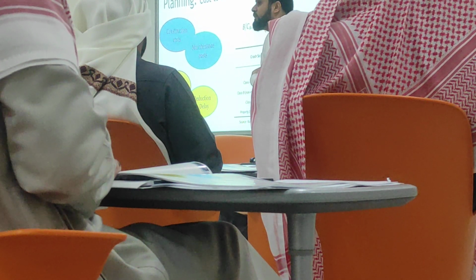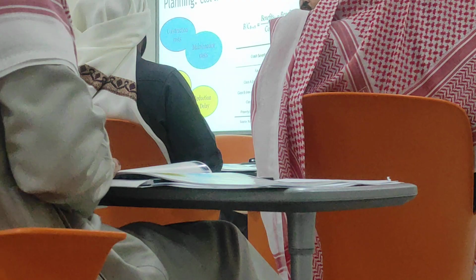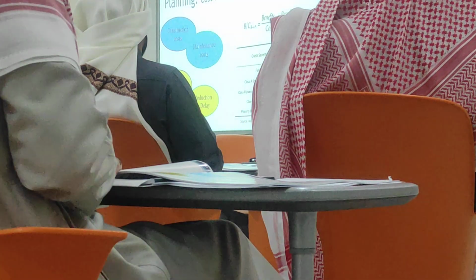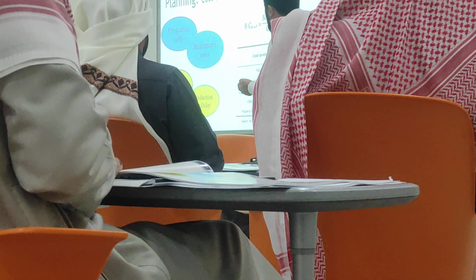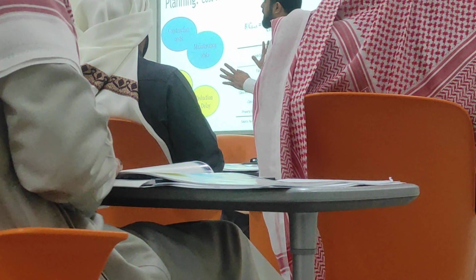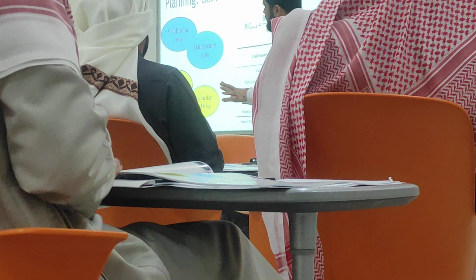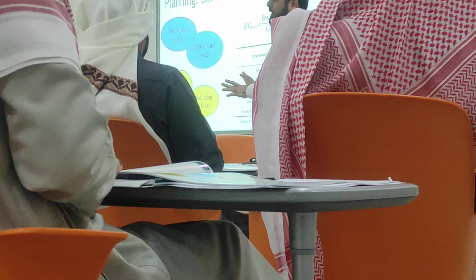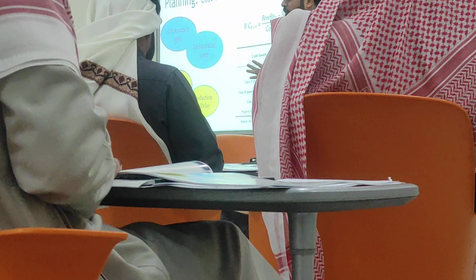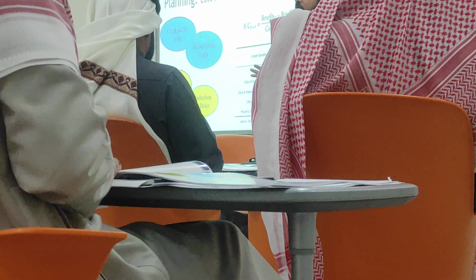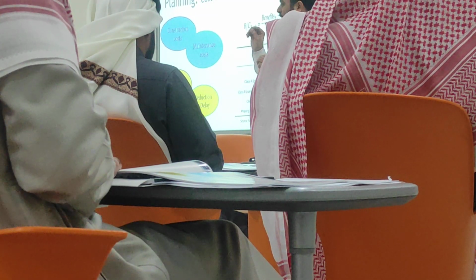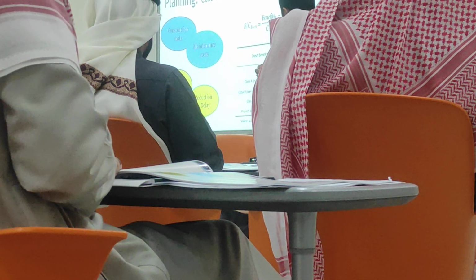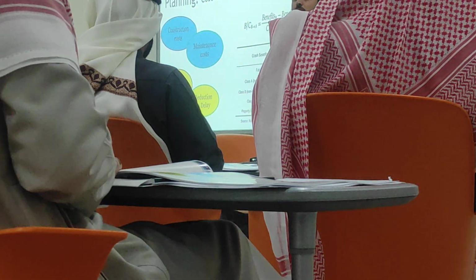But for safety, we need to convert this into equivalent monetary value. For example, if there is one reduction in fatality, what is the equivalent monetary value? It is being estimated by the US authorities. In Saudi, they are also working on this, the Traffic Safety Center. 2-3 years ago, we visited them. So, for example, one fatality reduction, in the US they are saying is $4.2 million.